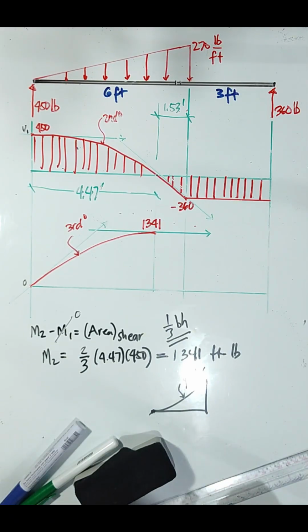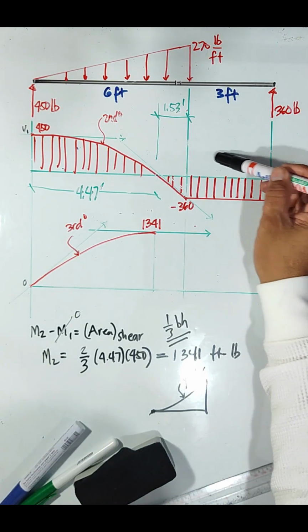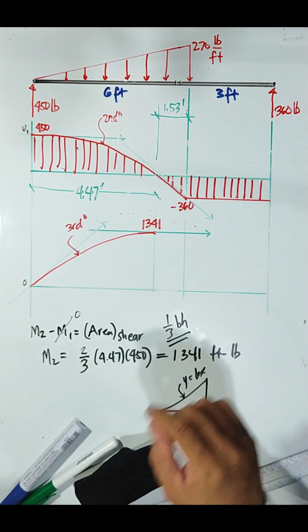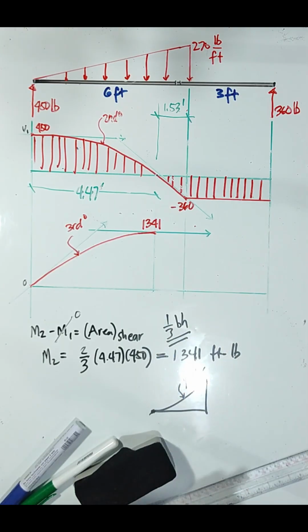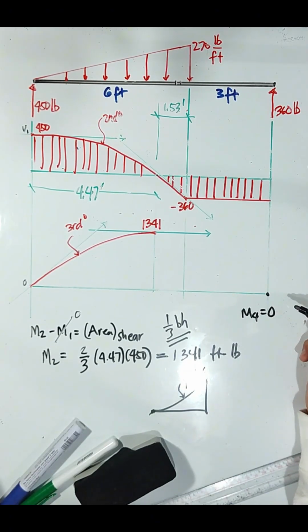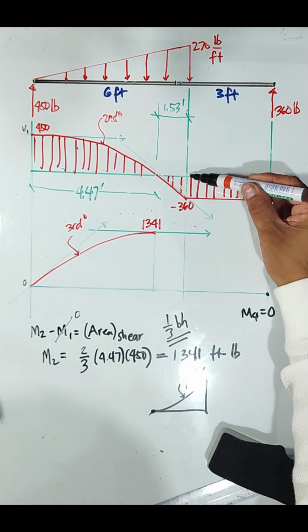However, there's an easier way to find the moment here. We will use this area here. So if this is M2, M3, M4, M4 is 0. M3 we do not know, but we can solve this area.